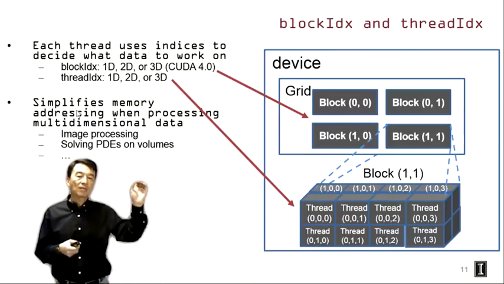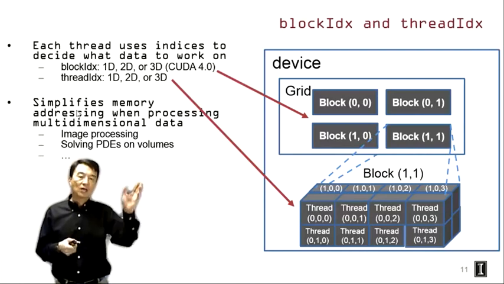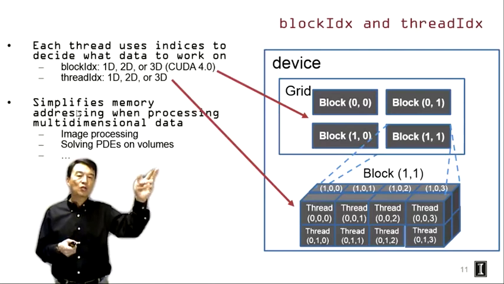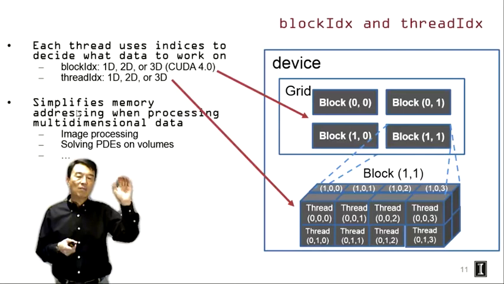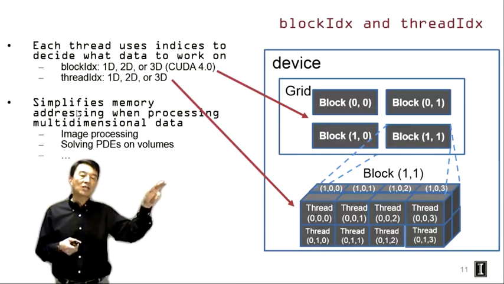So here I'm showing a two-dimensional block structure, and within each block, a three-dimensional thread structure. When we look at the grid, we see that each block has two indices, the X and Y indices. Actually, it's the other way around: X is the right element, and Y is the left element. So at the top, we have block 0,0 and block 0,1.